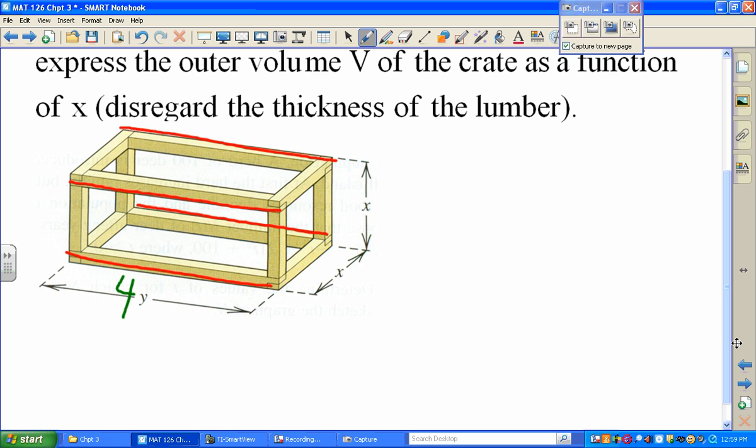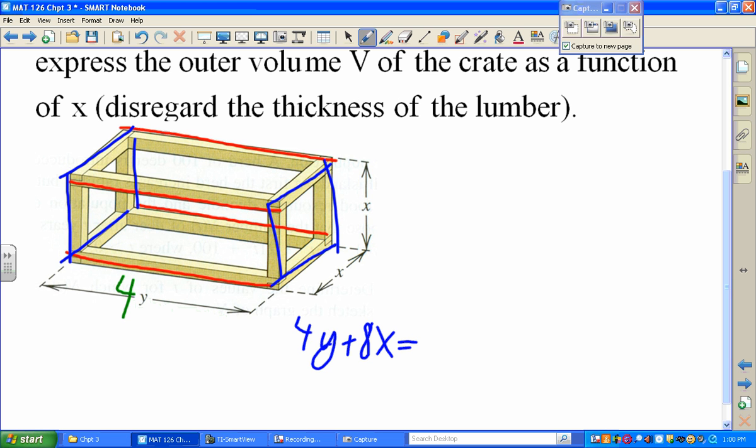How many X's are there? 1, 2, 3. Oh, yes. 8, right? 8 X's. So 4Y plus 8X has to equal what? Oh, 24.